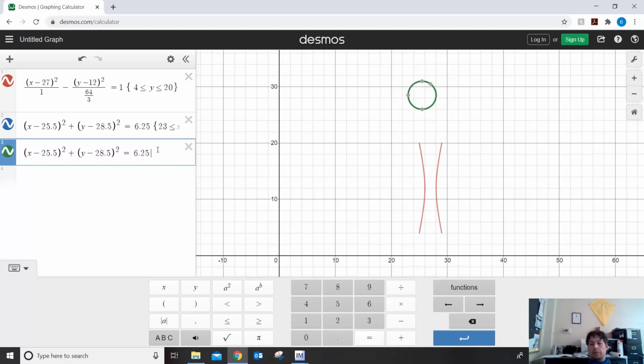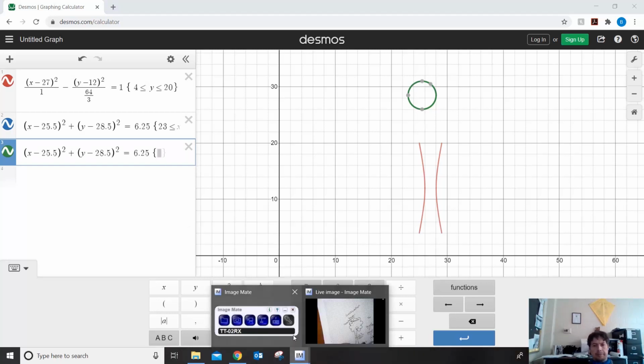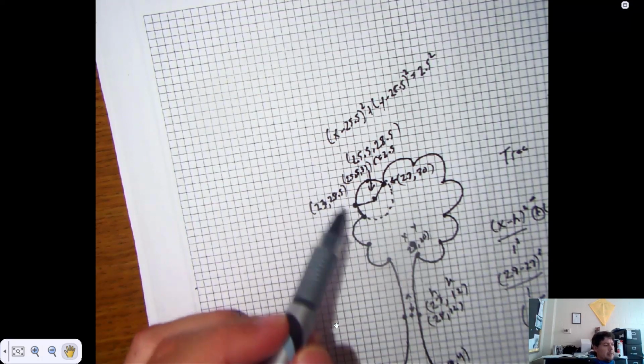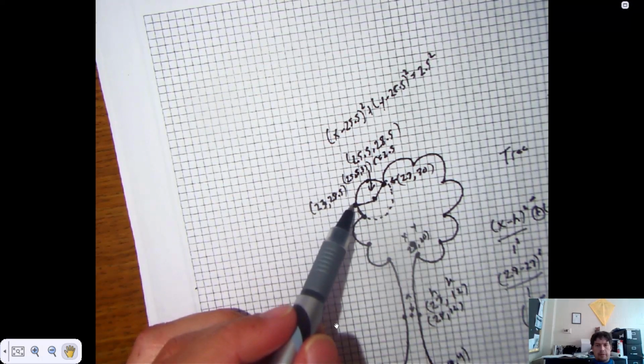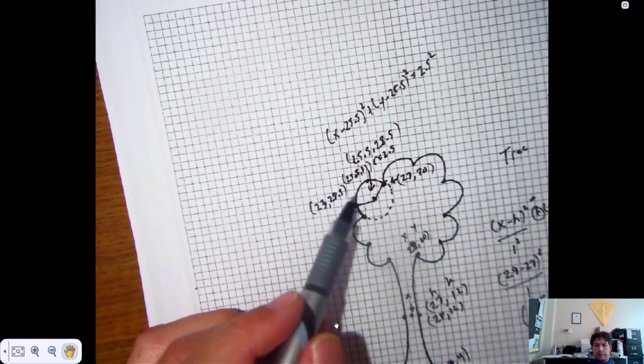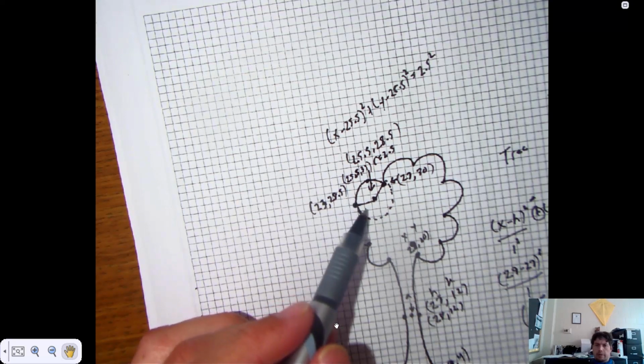So I completely overlapped. Now, if we look back at my piece of paper here, the X values that I care about are from here to here. Here's an X value of 23, and then there's this X value. That's 25, 24, 23.